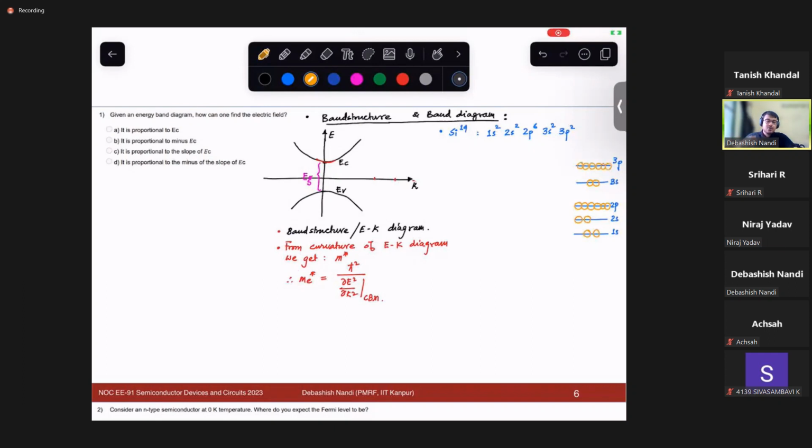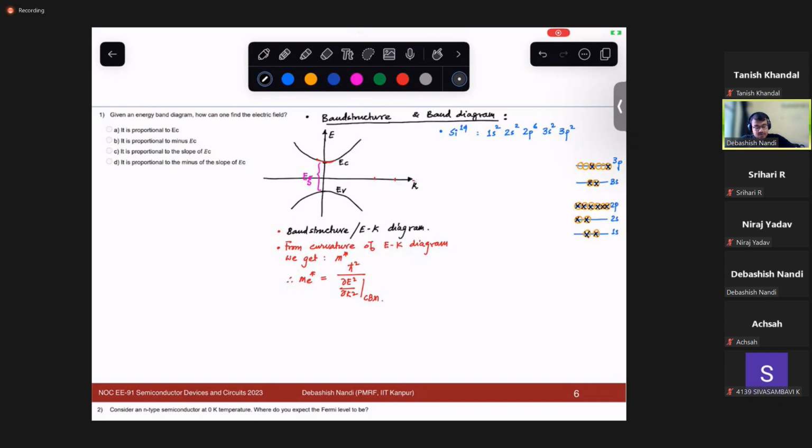Because the p orbital has 6 states. In silicon, what happens is that these are filled, and any two of the 3p will be filled.